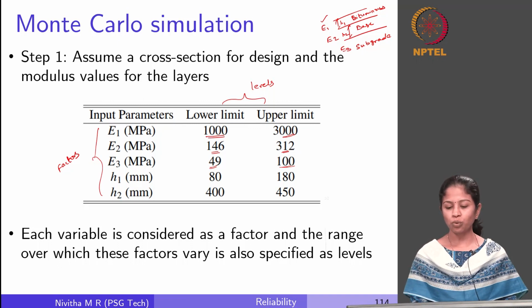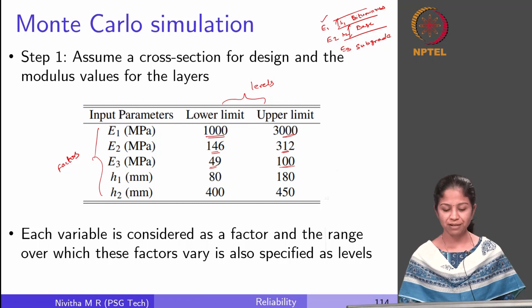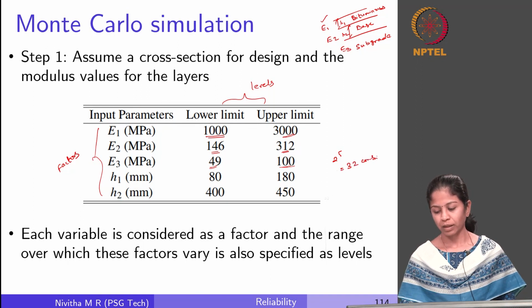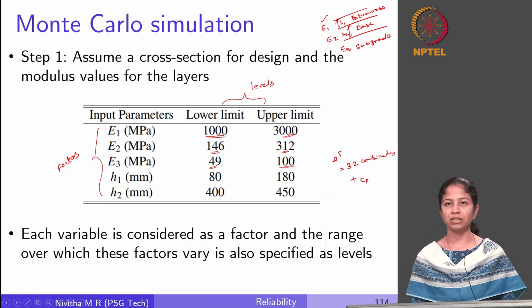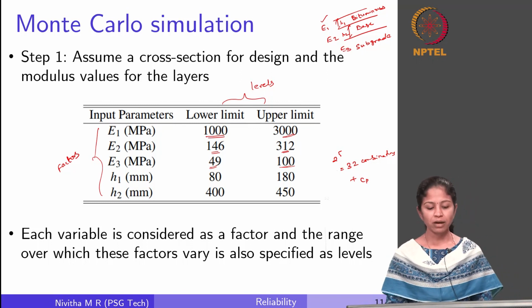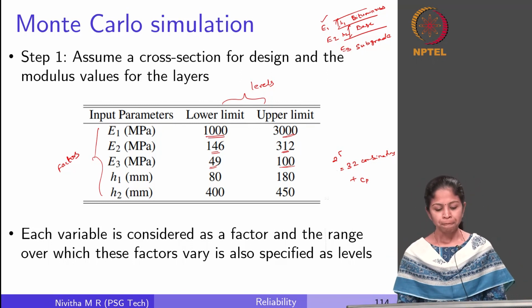So, we have 2 levels for each factor. If we consider 2 levels and 5 factors, we will be having 32 combinations, and we will also assume some center points, right. This is for a full factorial design wherein all the combinations will be considered.